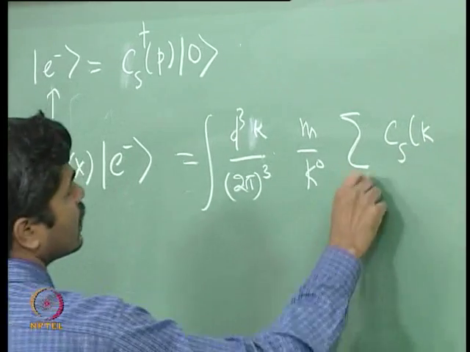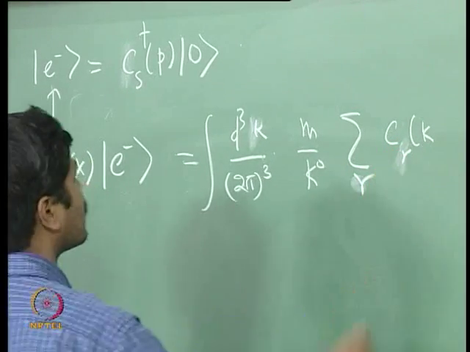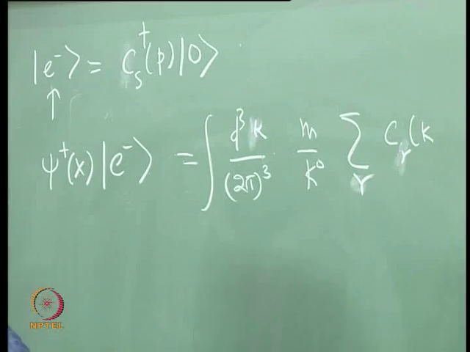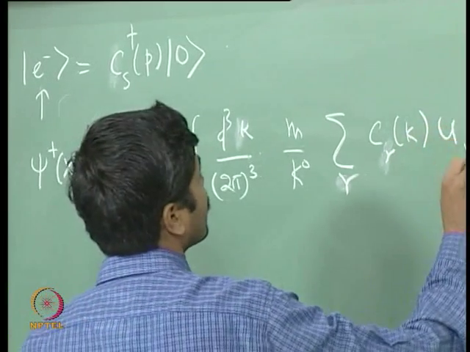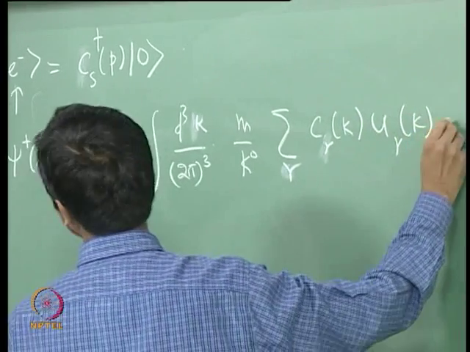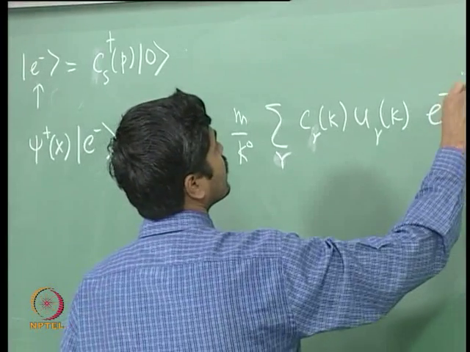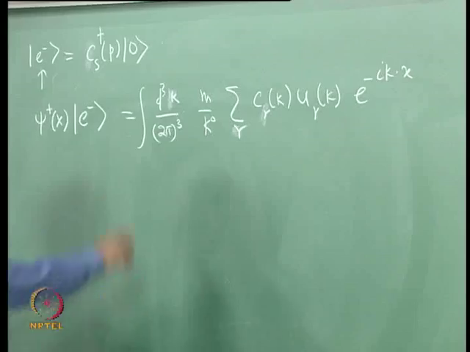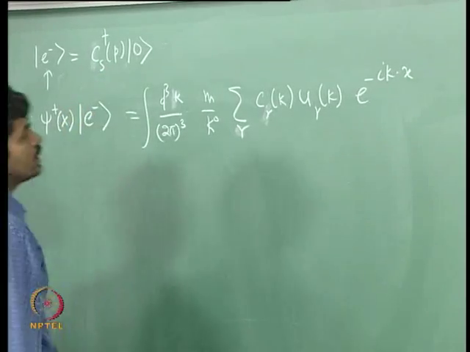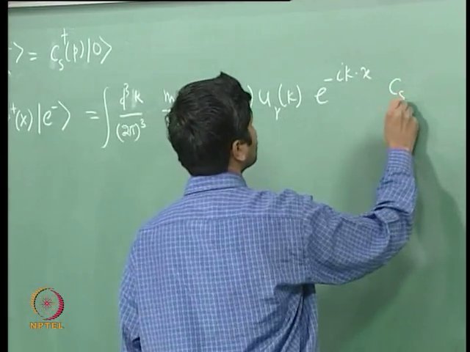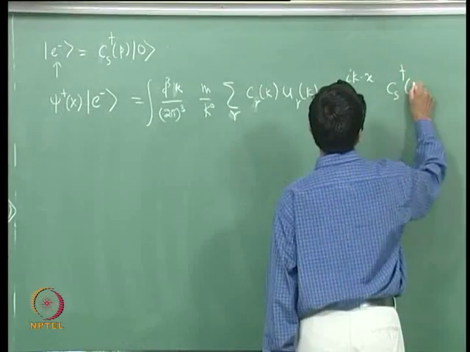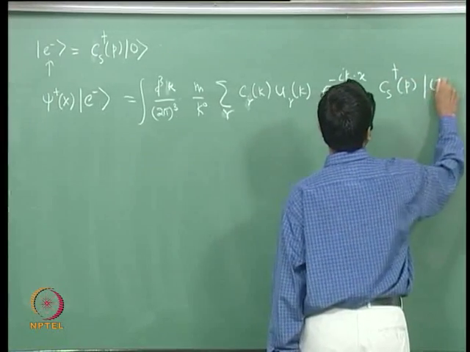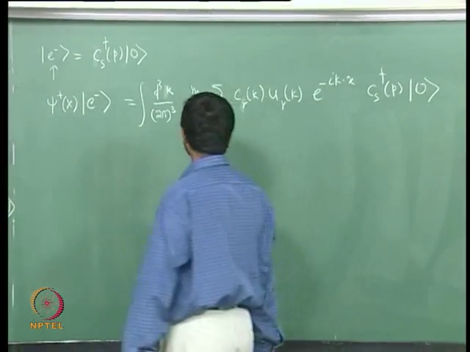Let us denote this dummy variable by r, c r k, u r k, e to the power minus i k dot x. This one acts on this state, which is given by C s dagger of p acting on the vacuum.